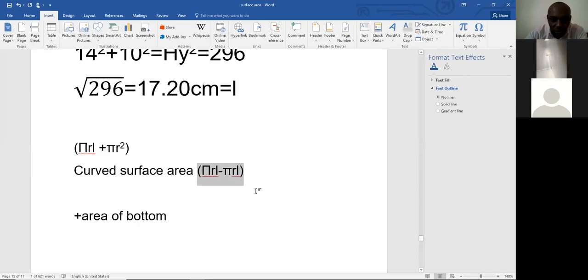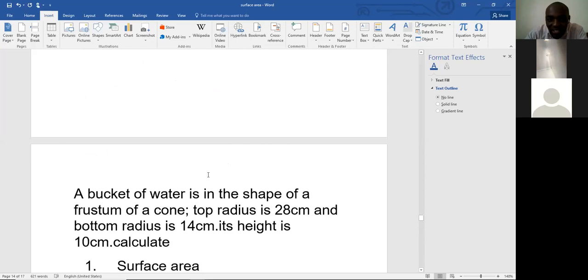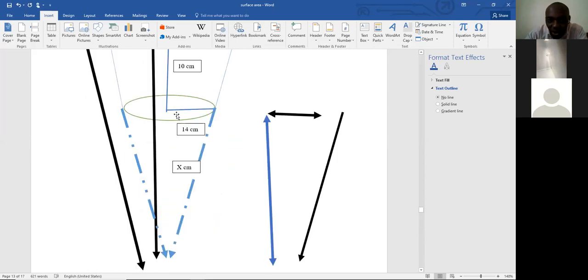So pi r, this is capital R, and this is capital L. So pi times the radius of the big cone times the slant height of the big cone, minus pi times the radius of the small cone and the slant height of the small cone, which is the one that we carried and put here.